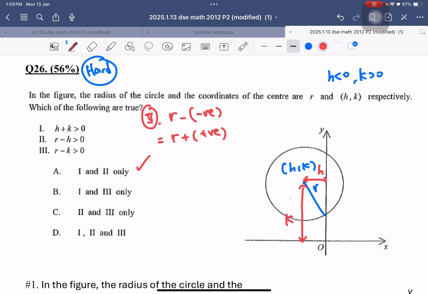Positive. So the final answer must be positive, which is greater than 0. So the second one is correct as well.